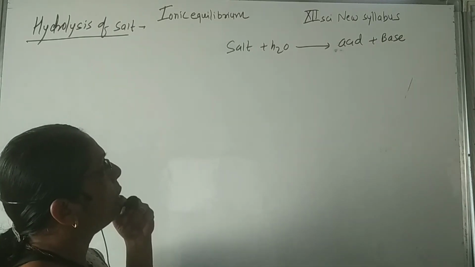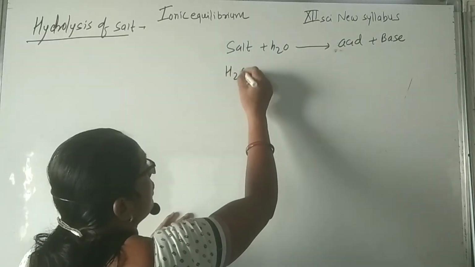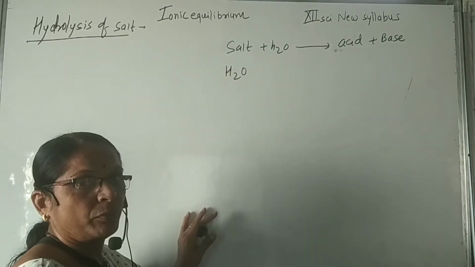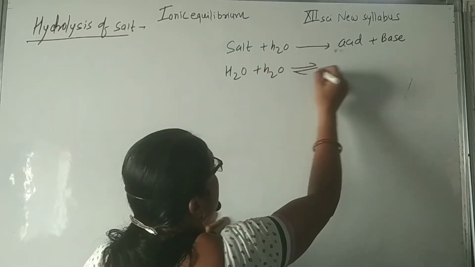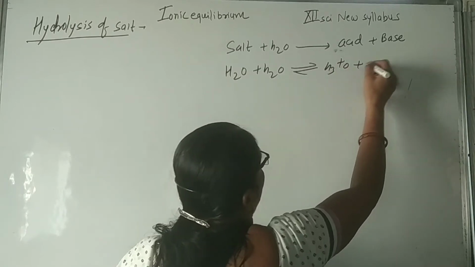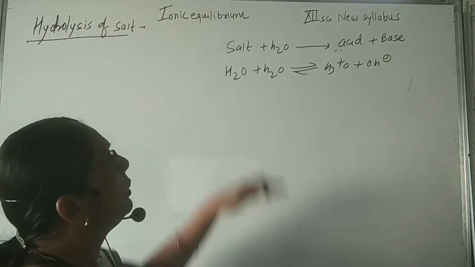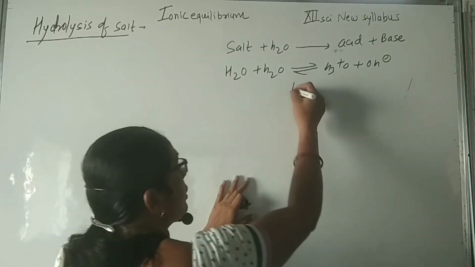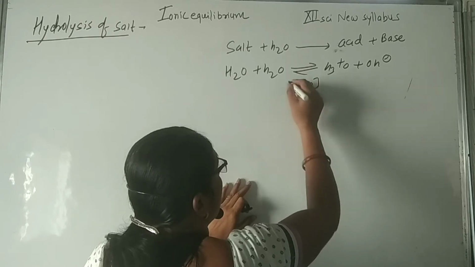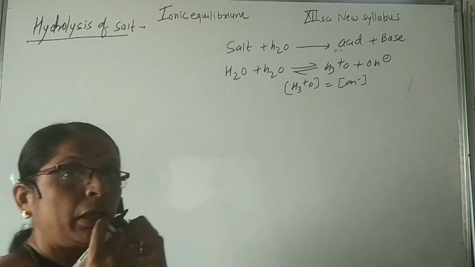Suppose we are using water as a solvent, which can be ionized. When water is the solvent, it is neutral because the concentration of the hydronium ion is equal to the concentration of the hydroxyl ion.